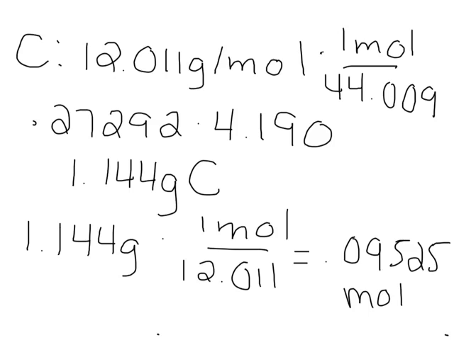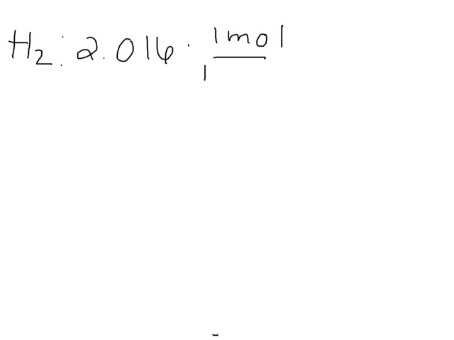But right now, we need to find the moles of the hydrogen. Hydrogen in water is H2, so that's what we work with initially. We have 2.016 times 1 mole over 18.015. The 18.015 is simply the molar mass of water as a whole, and the 2.016 is from the periodic table, it's H2 because H is only 1.008.